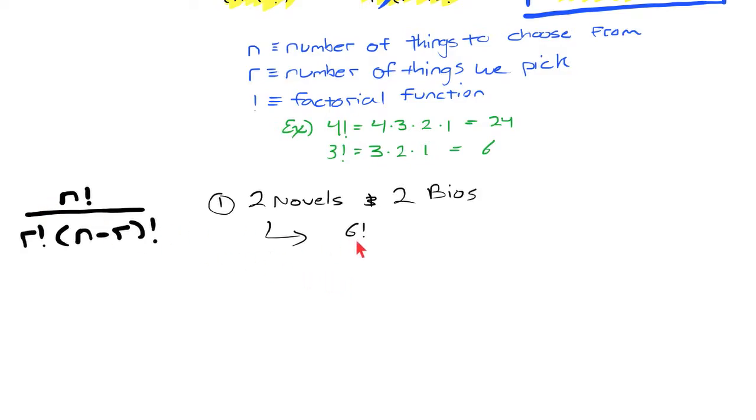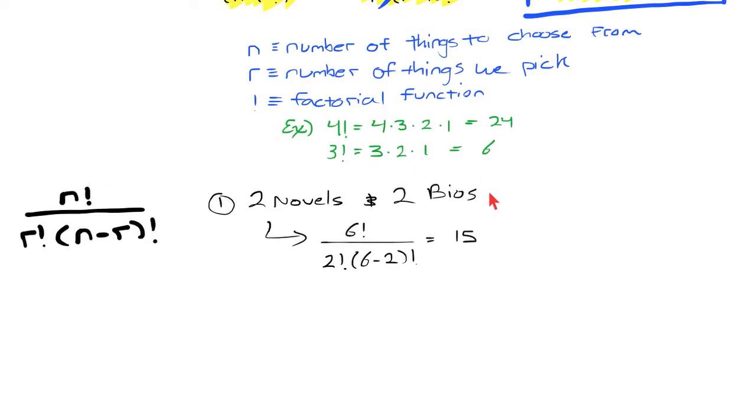We plug that into this formula: 6 factorial, the number of things to choose from, divided by r, the number of novels we're actually going to pick out of that group, 2 in this case, so 2 factorial. And then there's n minus r factorial, or 6 minus 2 factorial. And this turns out to be 15. You can prove that to yourself with the arithmetic at this point.